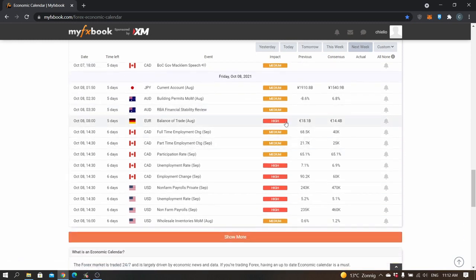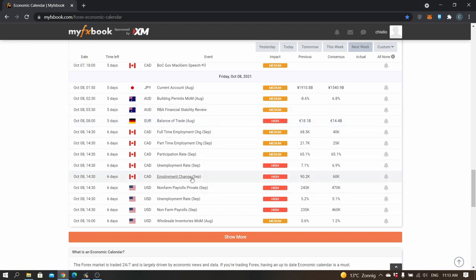And then Friday, I think the most important day. And this day also tells us that we should take this day into account for the whole week, because it is NFP week, so the non-farm payrolls, and they always make the market move very crazily. And in my experience, the market moves quite weird the whole week before the non-farm payrolls.